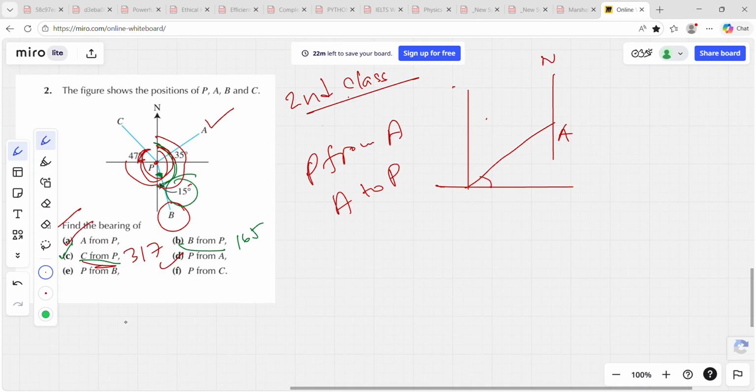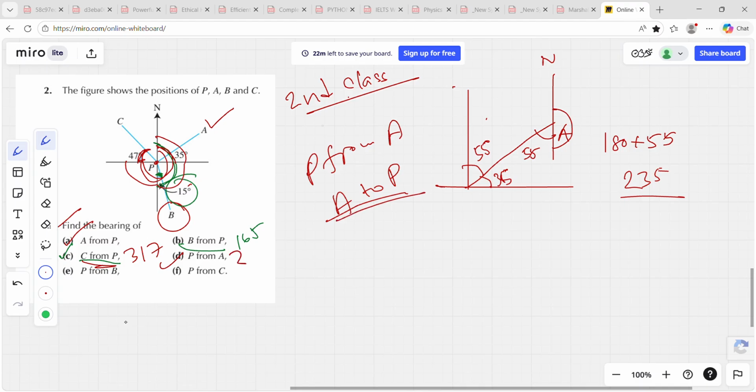This is 35, this is 55. These two angles are the same because they are alternate angles, and this particular angle is 180. So you need to add 180 plus 55 to find the bearing A to P. What you get is 235. So 235 would be your bearing for A to P.